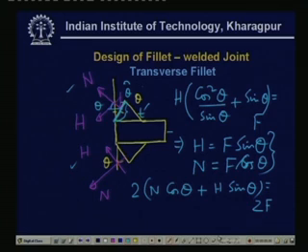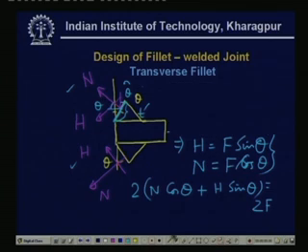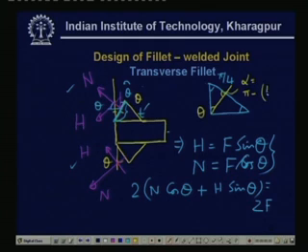If you consider this part, that is the fillet section, originally this angle was pi by 4. Now, we have taken a cut at angle theta. So, therefore, this angle alpha will be equal to pi minus pi by 4 plus theta.